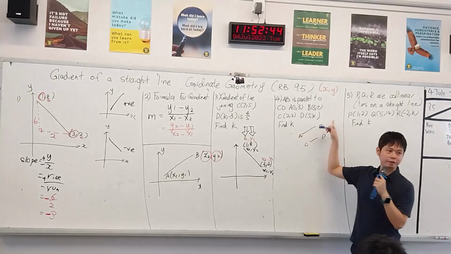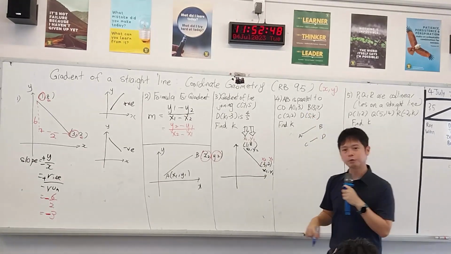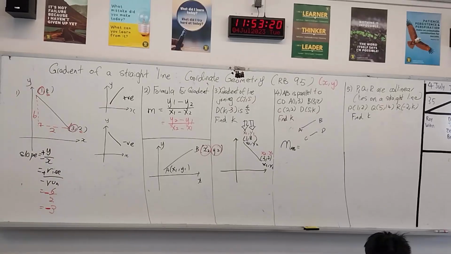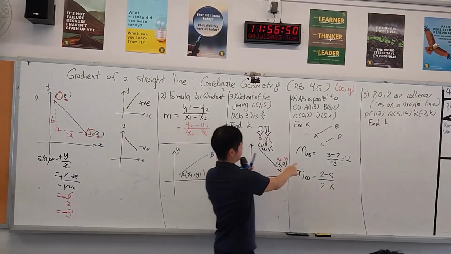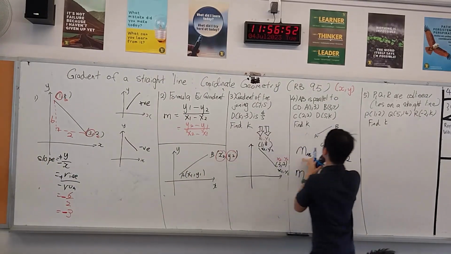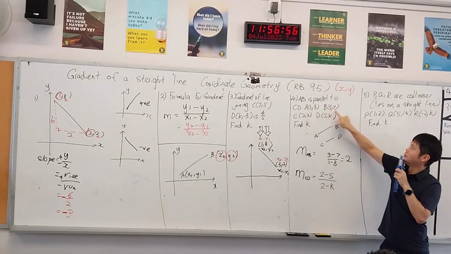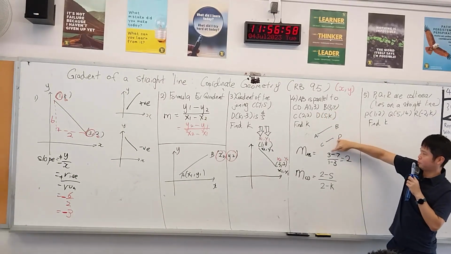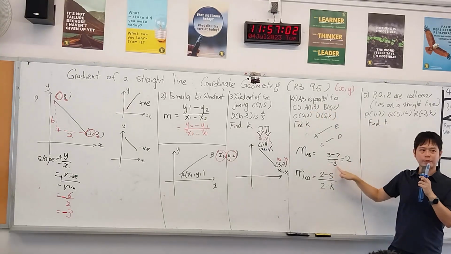So let's find the gradient of AB first. How do I find the gradient of AB? Can you write it down? Okay, the gradient of AB will be y1 minus y2 over x1 minus x2.